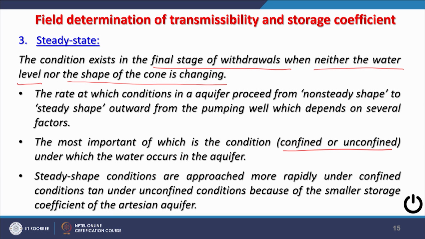The steady shape conditions are approached more rapidly under confined aquifer conditions, because the aquifer is confined with two impervious layers, and therefore we can achieve the steady shape or steady state conditions quite early, for the water level as well as the cone of depression.